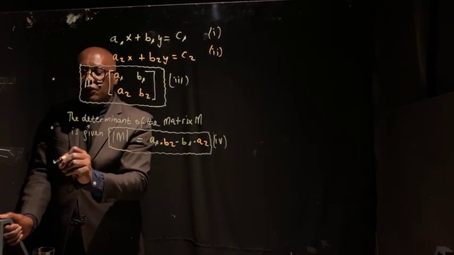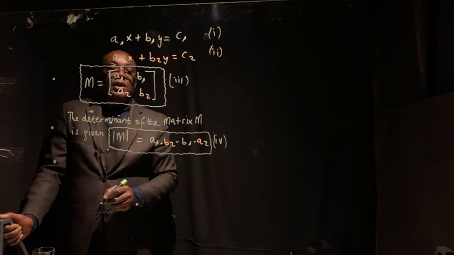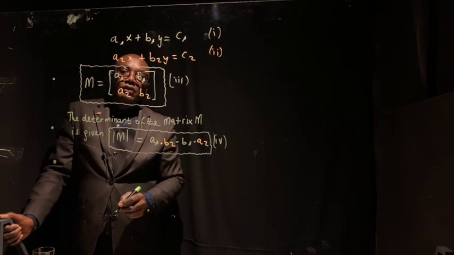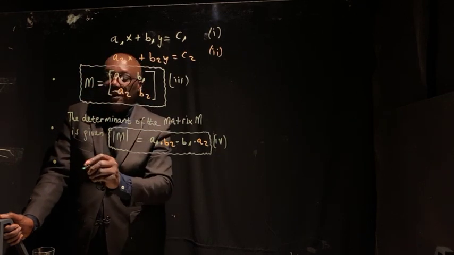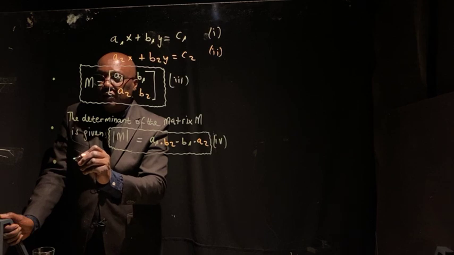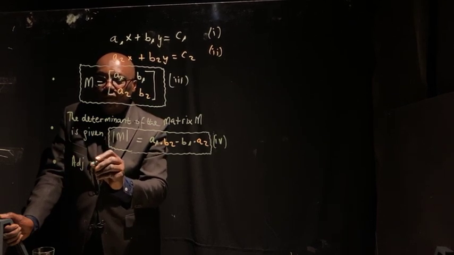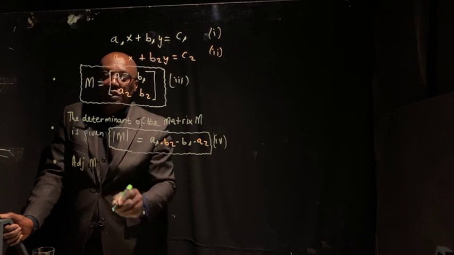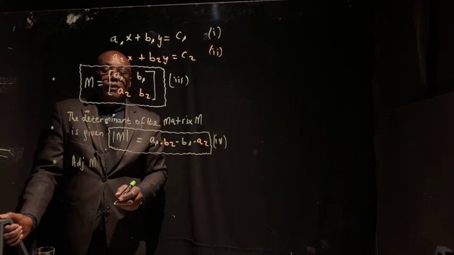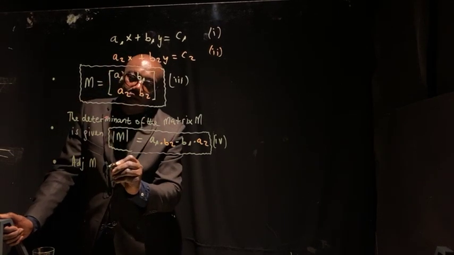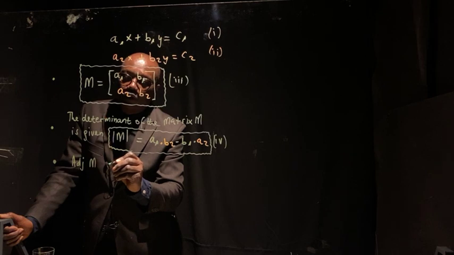And there's another point that I want you to know. It's called the adjugate of the matrix M. I'll denote it as adj M. I'll write it down and I will explain it to you.